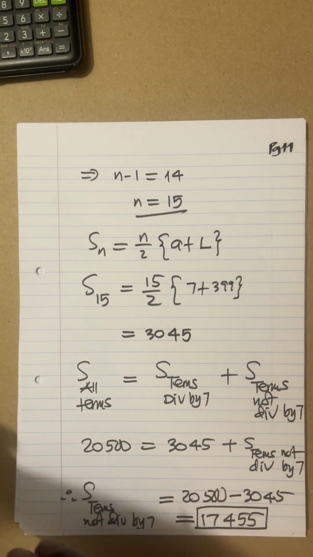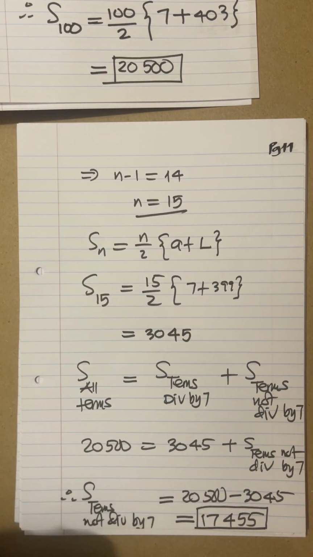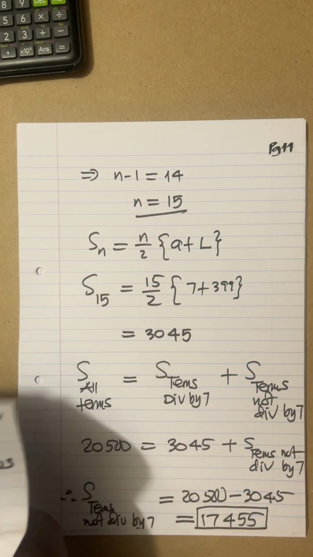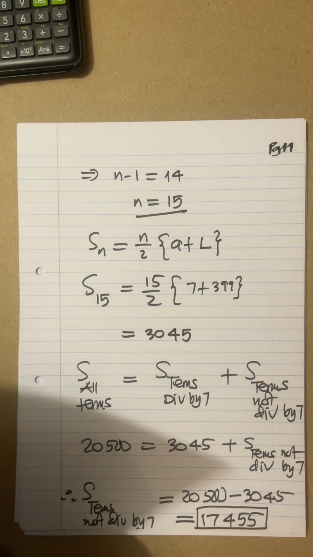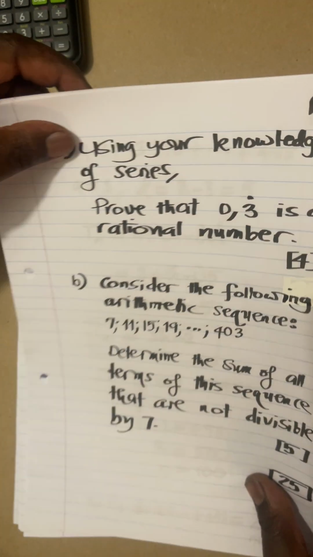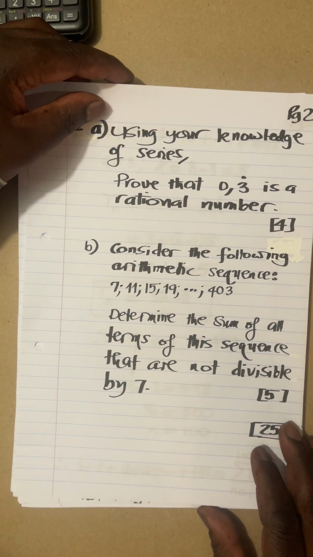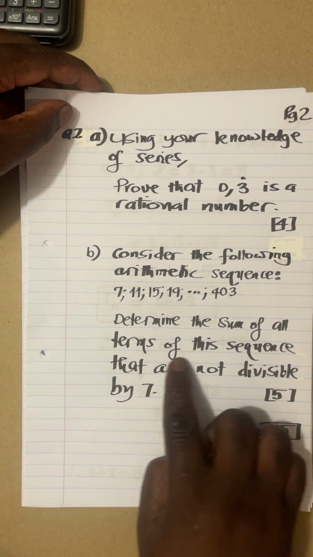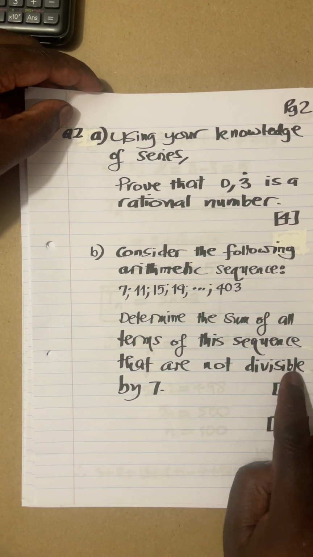Question, remember what the question said? Let me just bring it up so that I remind you. Here is what the question was saying. So much paper around here. Oh, here we go. Consider the sequence. The question says determine the sum of all terms that are not divisible by 7.